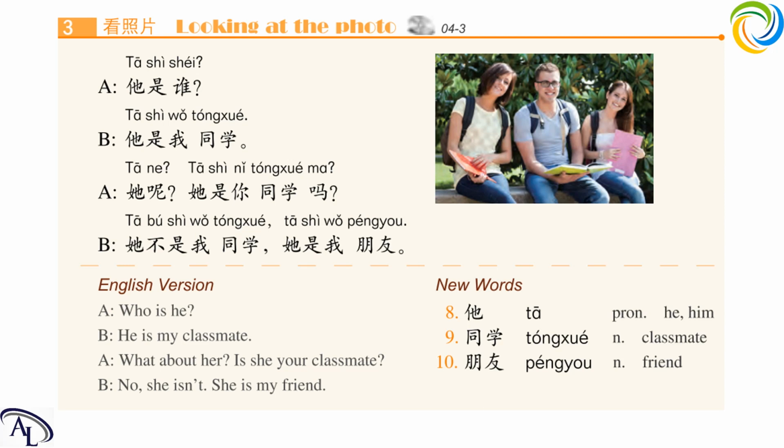Now let's see the sentences one by one. First one, 他是谁? Really easy. It means who is he? And answer is 他是我同学. He is my classmate.